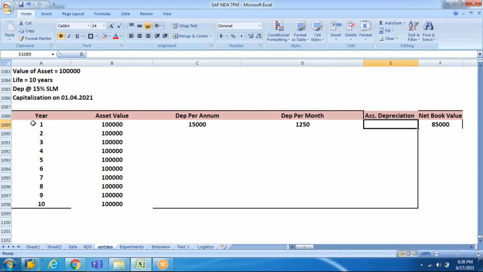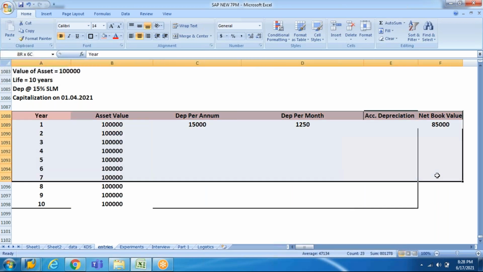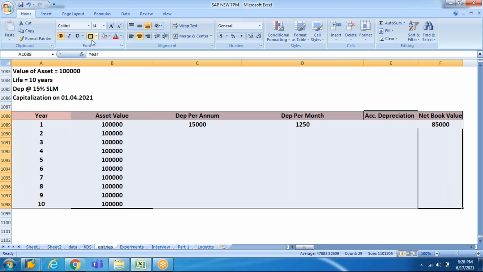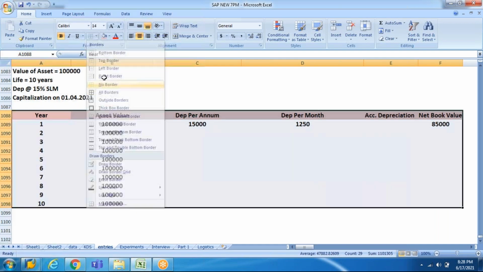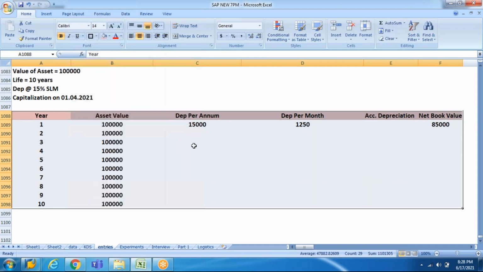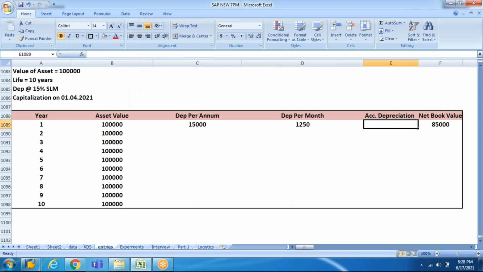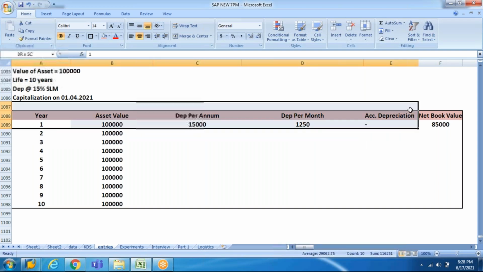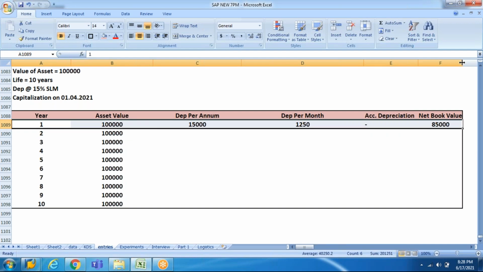You are on which year currently? First year. Do you have any previous year above 1? No, right? So accumulated depreciation for the first year will be what? 0. It will be 0 for the first year. I'll take nil. Is this clear for the first year calculation? Any doubt, anyone? Any question?